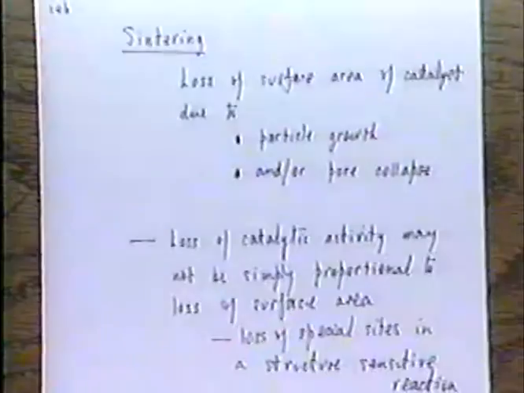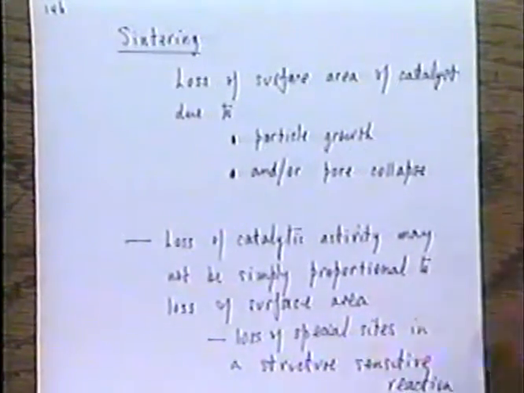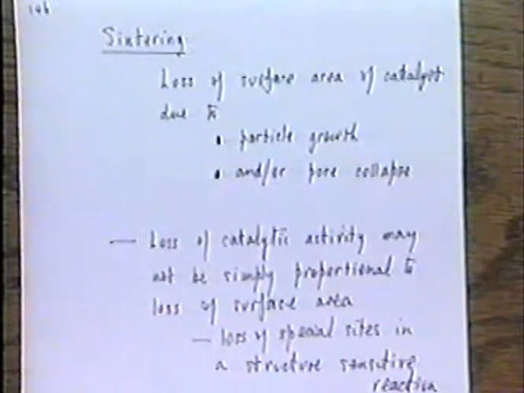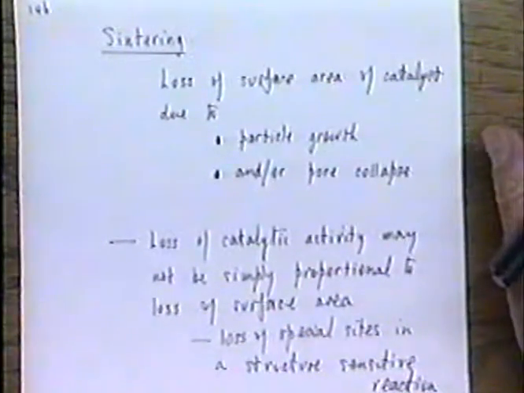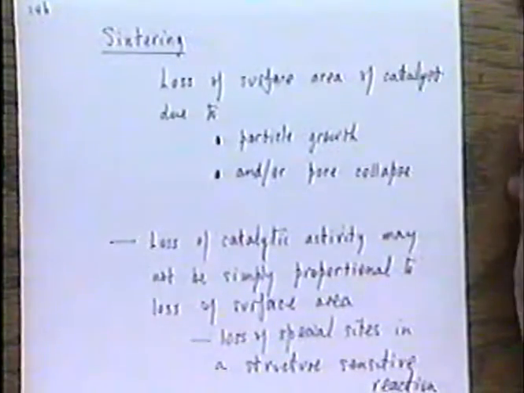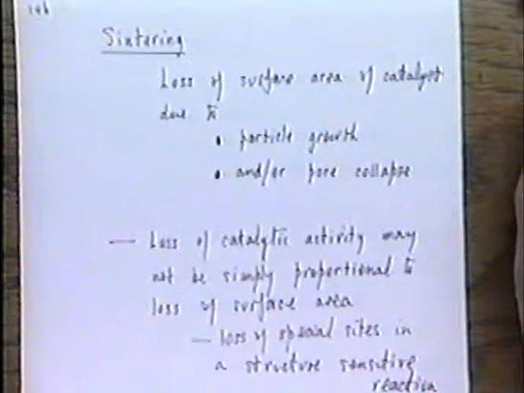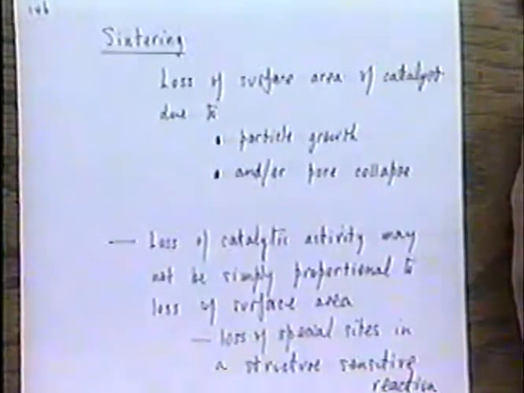Let's move on and quickly say something about sintering of the catalyst. Generally, let me go back and start again. It amounts to a loss of surface area of the catalyst, and that can come about by either particle growth and or pore collapse if you happen to have a porous catalyst.